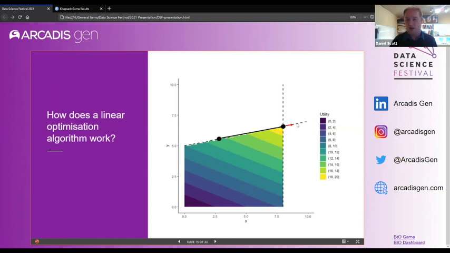At this point, again, it cannot go any further on that vector because it would breach a constraint. It has to look around itself again and ask whether there is any other direction that would still take it uphill. And the answer in this case is no. So now the algorithm would terminate, having found the optimized result, which is up in this corner here.